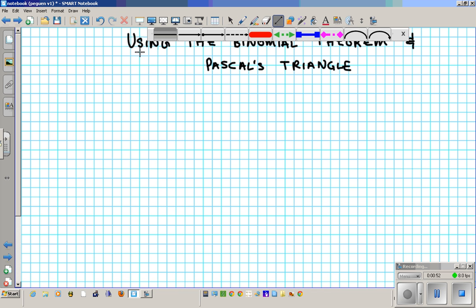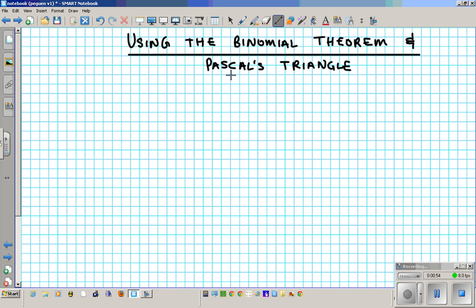So let's go ahead and take a look at some examples. Number one says, let's write down the instructions first.